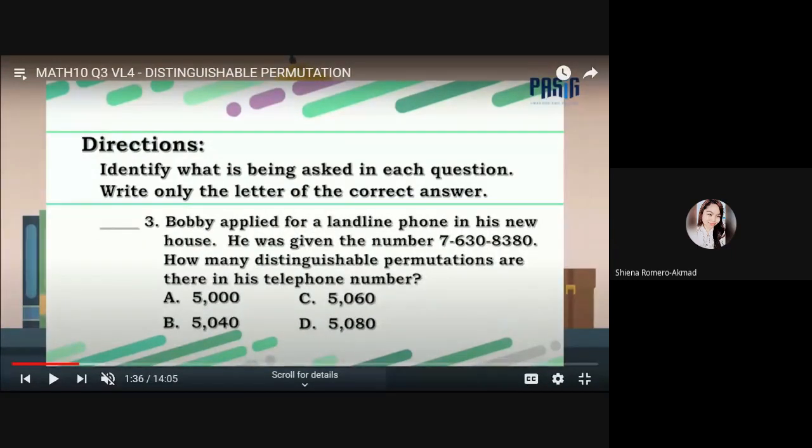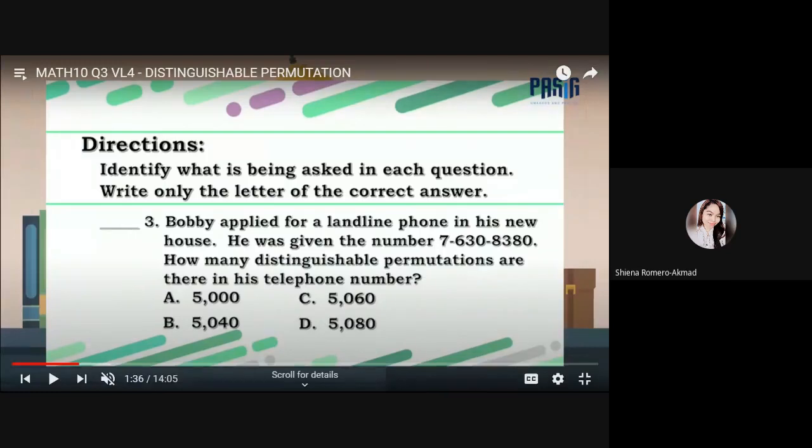Next, number 3, Bobby applied for the landline phone in his new house. He was given the number 7630-8380. How many distinguishable permutations are there in his telephone number? So as you can see in his number, there are 2 digits which is 3, 2 digits which is 8, and 2 digits which is 0.